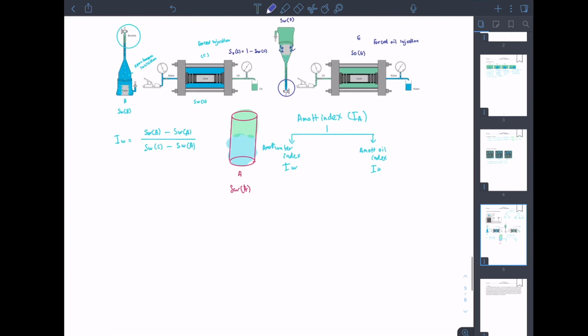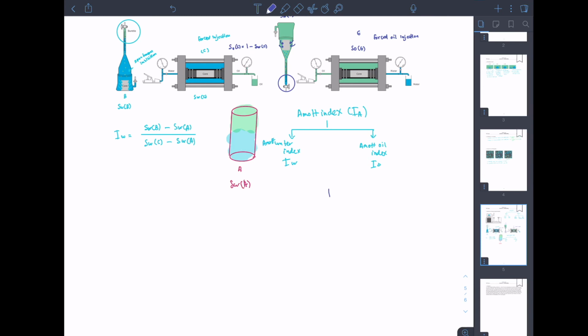Now to complete the study, we have IO, the Amott oil index, and that will be SO at point D minus SO at point C, divided by SO at point E minus SO at point C. Again, we are comparing the two stages: the spontaneous phase to the initial phase, divided by the forced phase minus the initial phase.